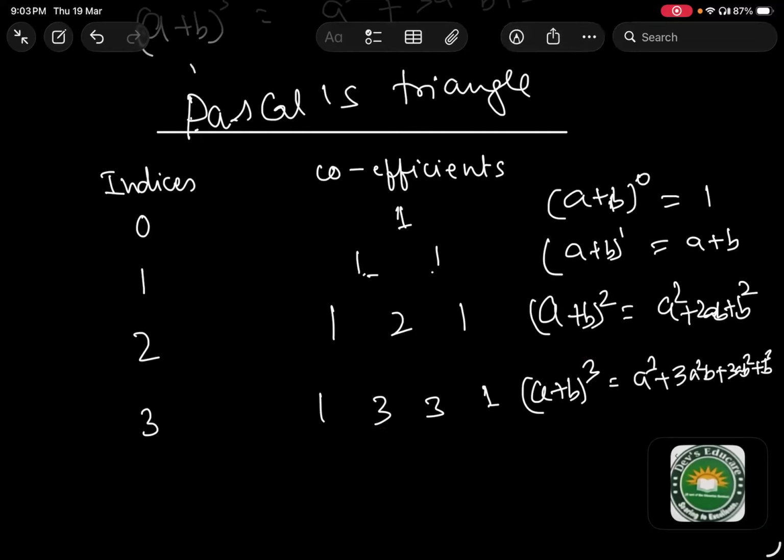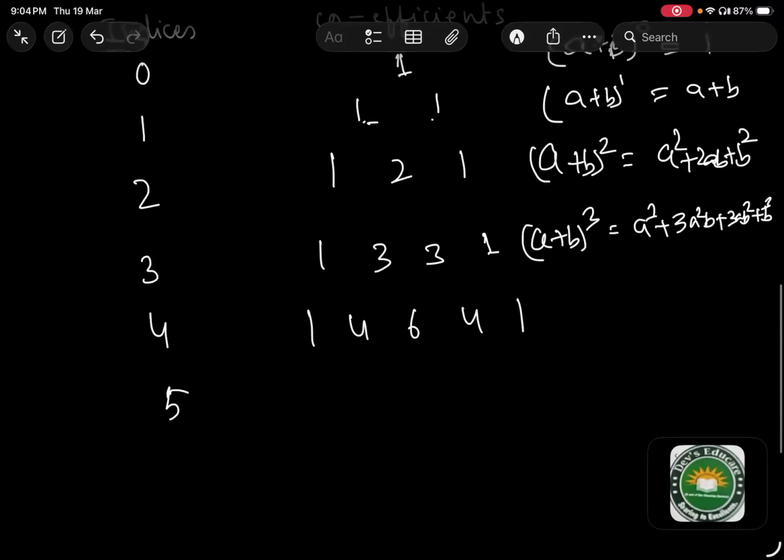So we see that power of a, the first term, is getting decreased in each term and power of b is getting increased. And similarly, for power 4, we have 1, 4, 6, 4, 1 this way. If the power is 5, then 1, 1 plus 4, 5, 4 plus 6, 10, and 6 plus 4, 10, and 4 plus 1, 5, and at last 1 this way.